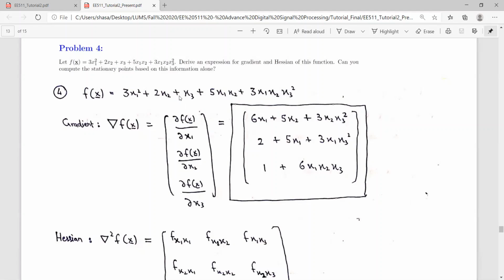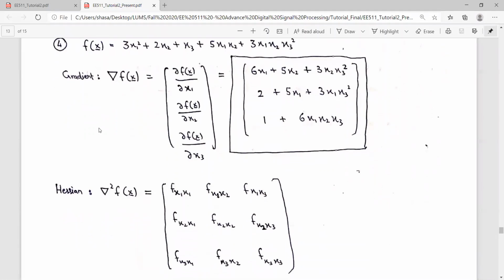So this term would go away, this term would go away. The derivative of this term is simply 6x1. For the next term, 5 and x2 are constant, so this is plus 5x2, and here x2 and x3 square are constant, so x1 goes away, plus 3x2 x3 square. And similarly, we take the partial derivative with respect to x2 and with respect to x3. And we are done with the gradient.